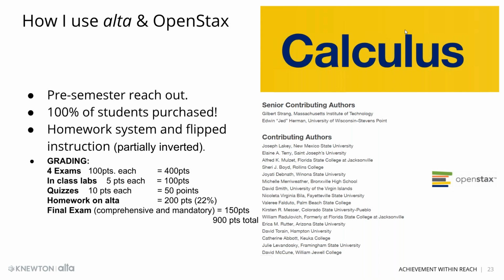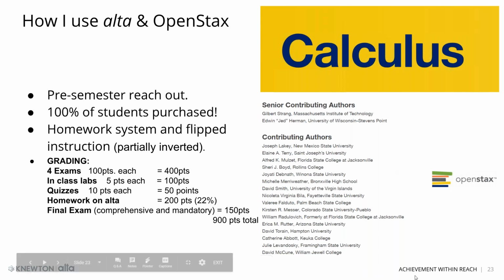One thing that has been nice about using Alta is that they offer a 2-week complimentary code. So if my students are waiting to purchase Alta for $44, they can get started with that 2-week code, and all of that work will be saved once they actually pay for their code.